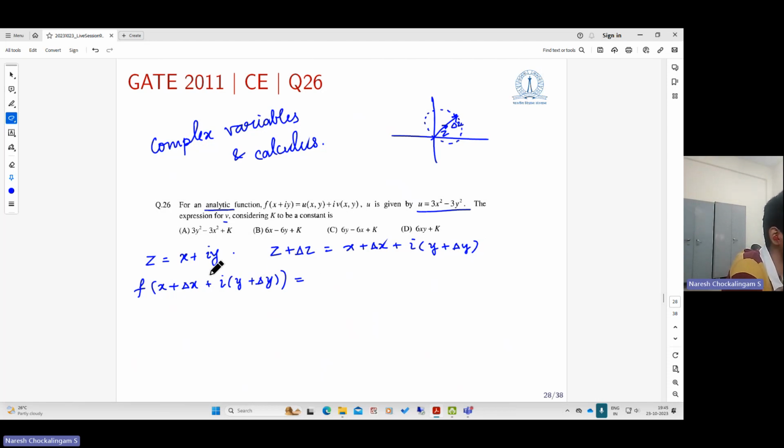So now you can use the real variable Taylor series. This can be treated as a function of two variables x and y. So this will be nothing but f of x plus iy plus partial f with respect to x delta x plus partial f with respect to y delta y.